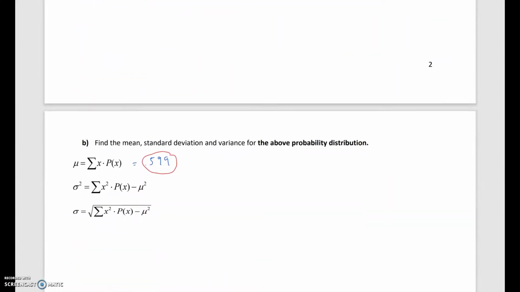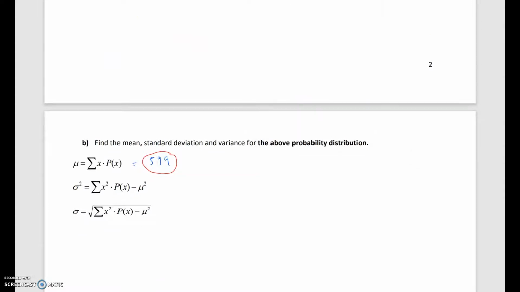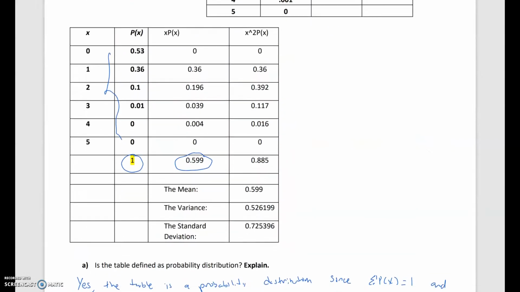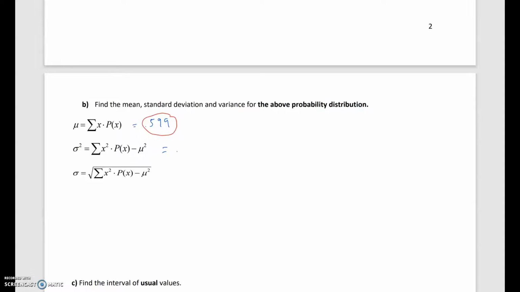Now, the other portion is the value of the variance. So for the variance, we have to get the column that says X squared and P of X. So in this case, we're obtaining this column, which is 0.885, minus the 0.599, but this value has to be squared. So please take a second and evaluate that.